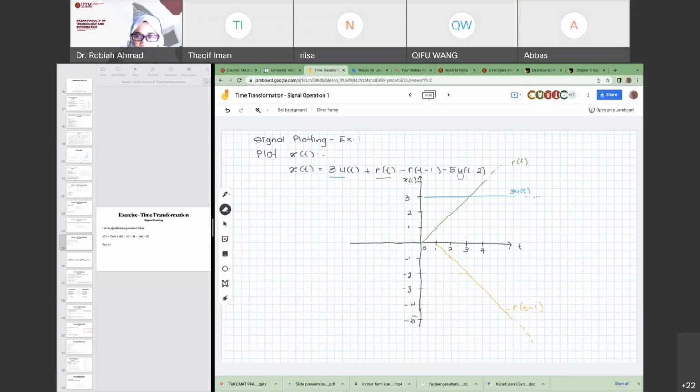Okay, finally we have minus 5, the negative 5 step input at t minus 2. So where shall it be? Class, any clue? What color did I choose? Black, since the rest are already colored. Okay, minus 1, minus, at t equals 2, it is 5.